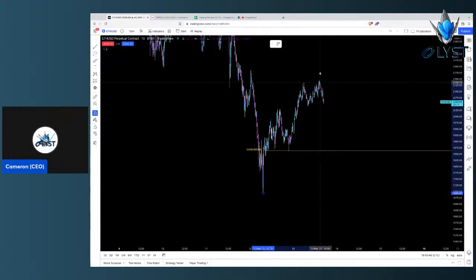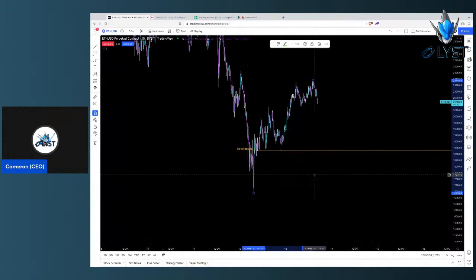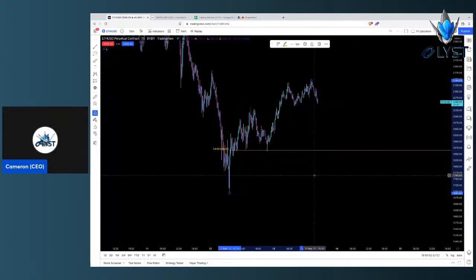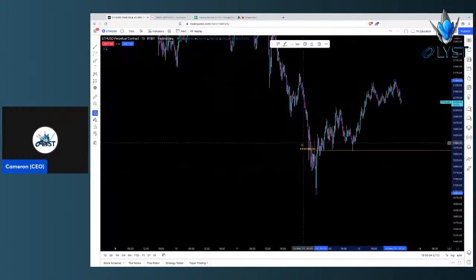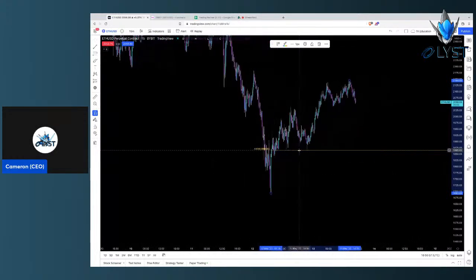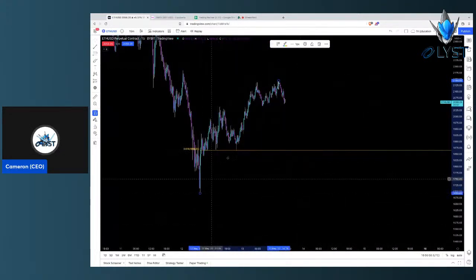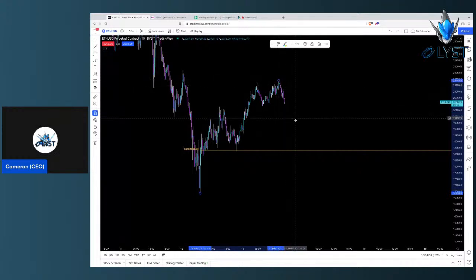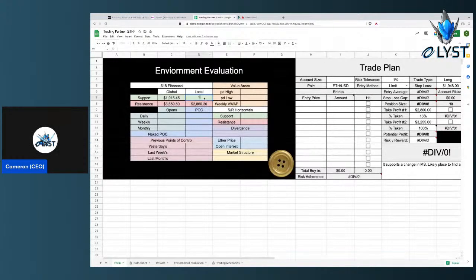But let's put this on anyways, because this would be our most local support of the 618. So it would be 1866 even. We went from the low to the high, and then 1866. So let's put that on here. 1866 even. Okay, perfect.